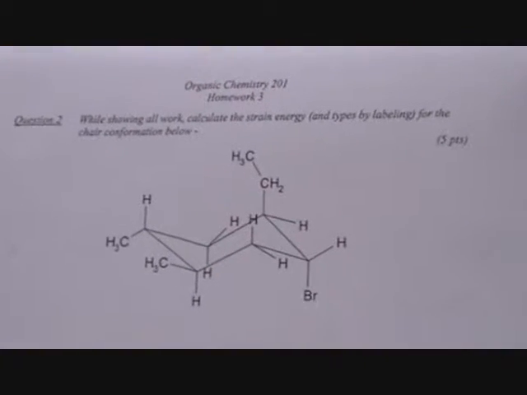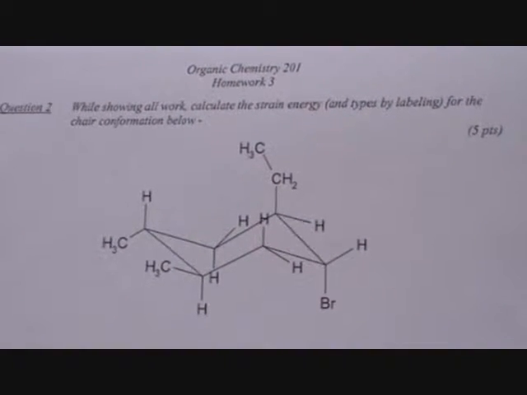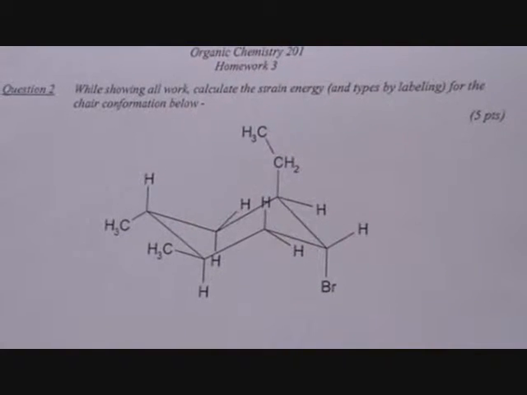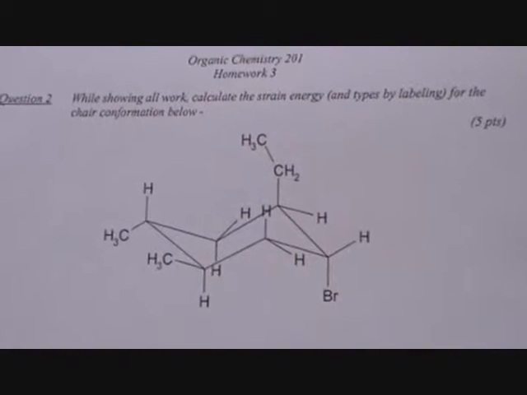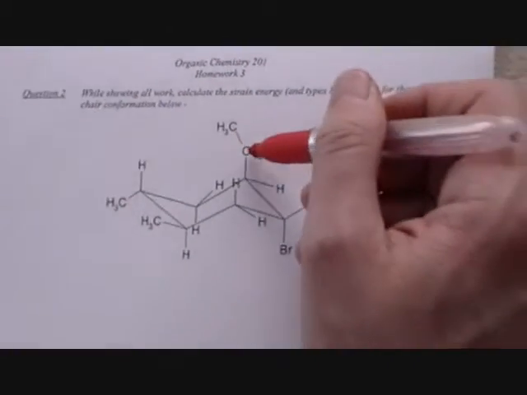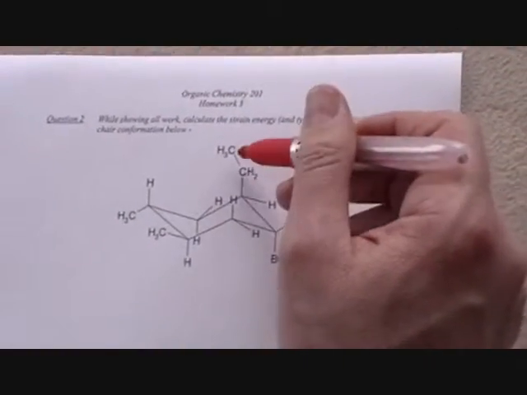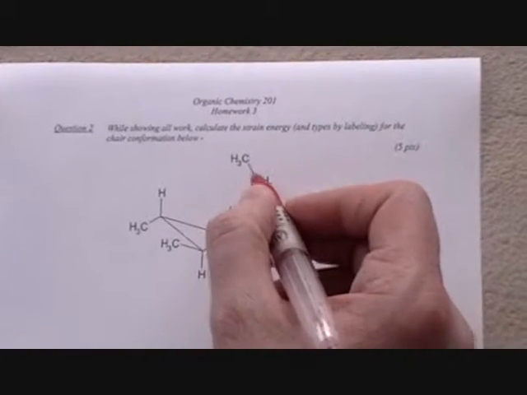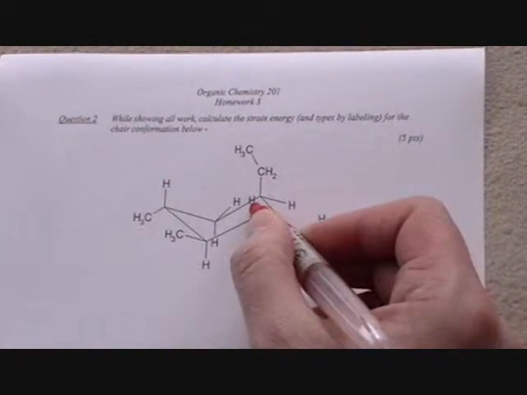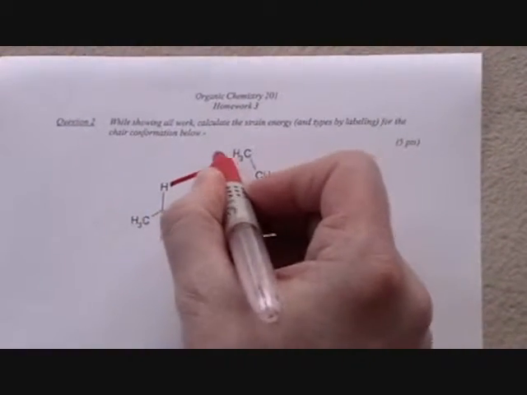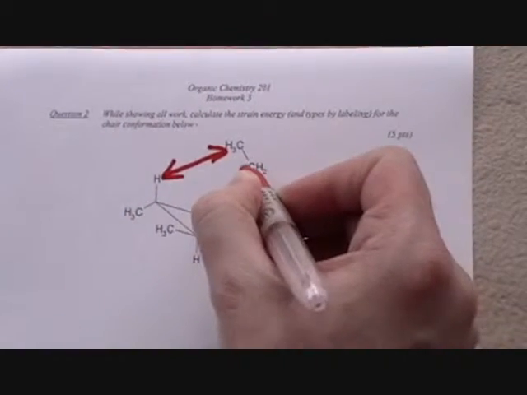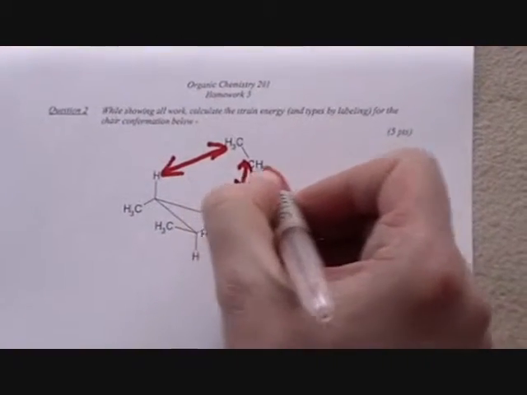Okay, let's look at page 2 and this cyclohexane derivative with the strain energy around the ring. And let's deal with the 1,3-diaxial strain energies first. So we have an ethyl group in the axial position here. It's axial to the hydrogen here and the hydrogen here. So it's a 1,3-diaxial strain each time.